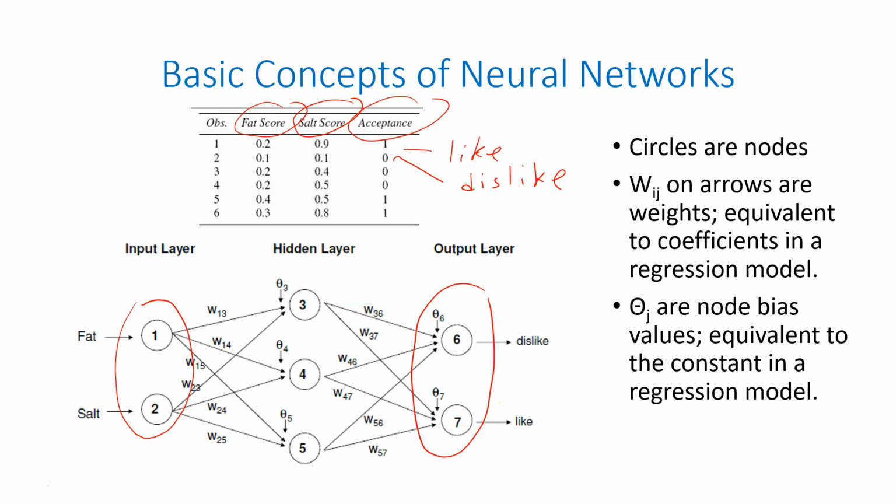In some software products, you can have only one node in the output layer if there are two classes, as we discussed before, because the probabilities of the case belonging to the two classes should add up to 1. In this example, we are going to show the version with two nodes.